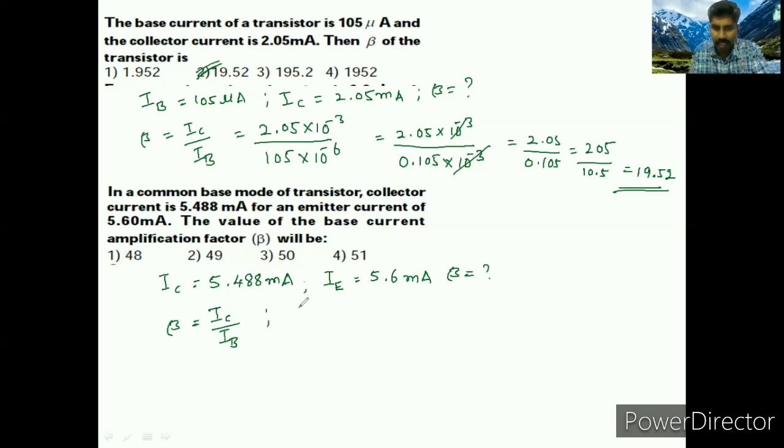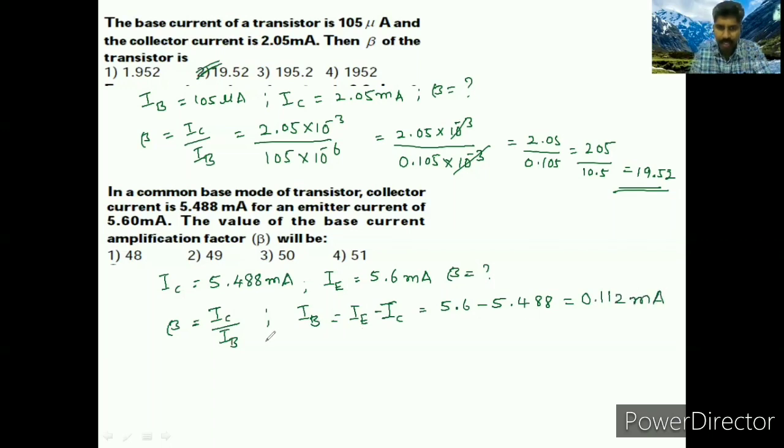See here, base current is equal to emitter current minus collector current. Now emitter 5.6 minus collector 5.488. This value we can get, 0.112 milliamps.